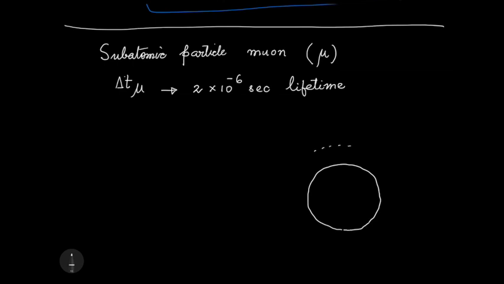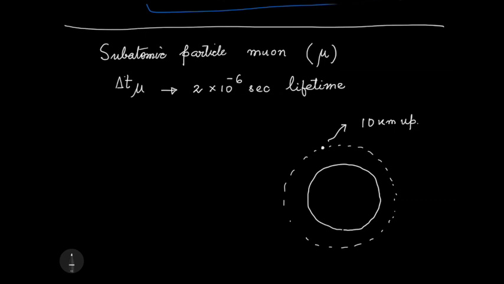So if this is our earth, there is this very feeble atmosphere on top of the earth, and it has been seen using balloon experiments. So people used to send balloons up and measure the existence of different particles. They saw that it is produced in the upper atmosphere around, say, 10 kilometer up. Okay, it is produced there.